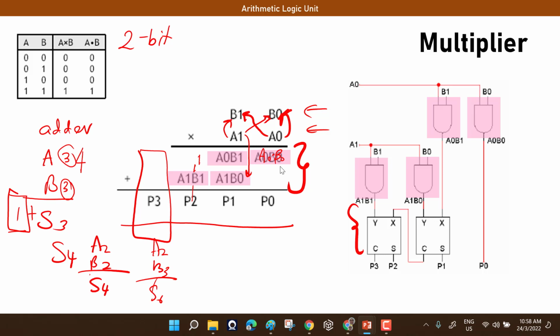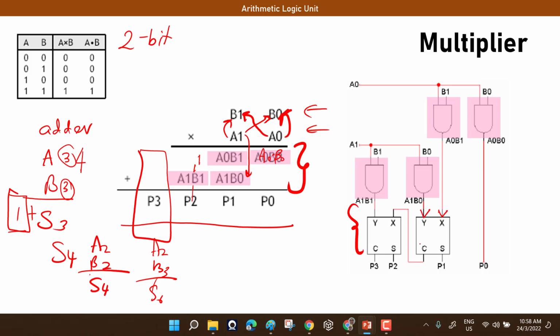For product number 1, it should involve the addition between this element and this element. So is this a half adder or a full adder? How many inputs are there? Only 2 inputs, right?